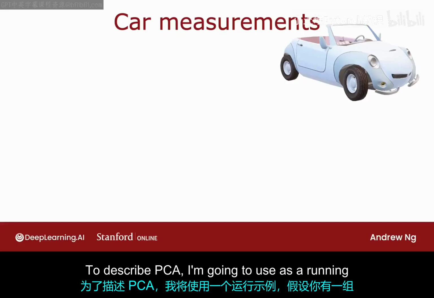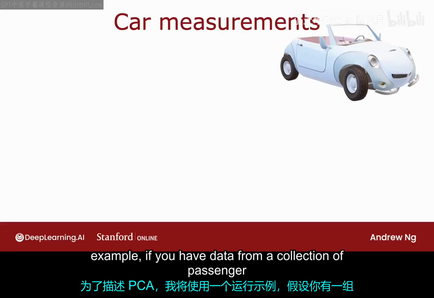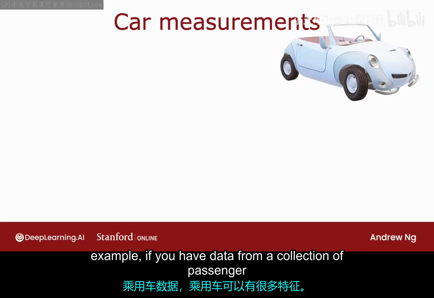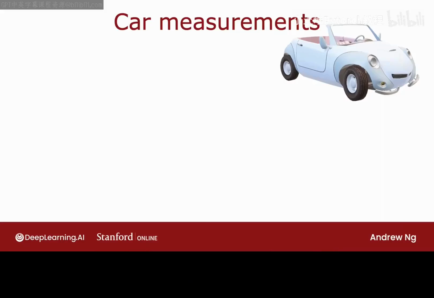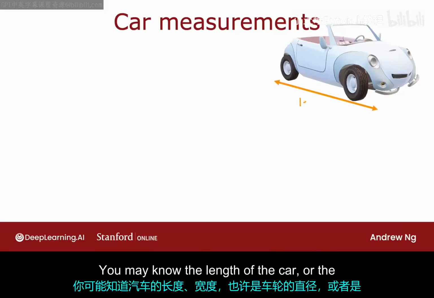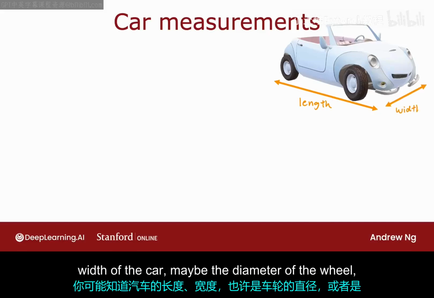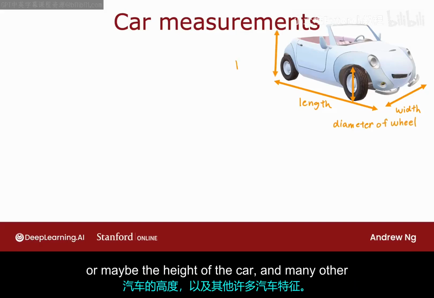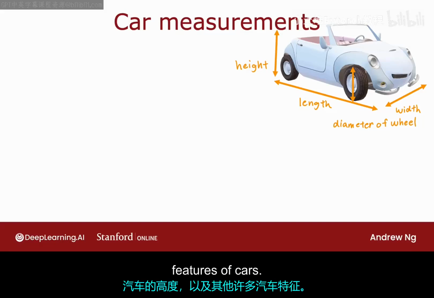To describe PCA, I'm going to use as a running example data from a collection of passenger cars, and passenger cars can have a lot of features. You may know the length of the car, or the width of the car, maybe the diameter of the wheel, or maybe the height of the car, and many other features of cars.